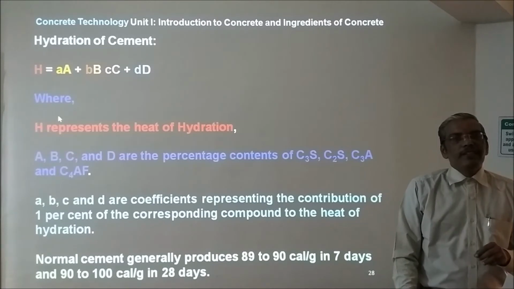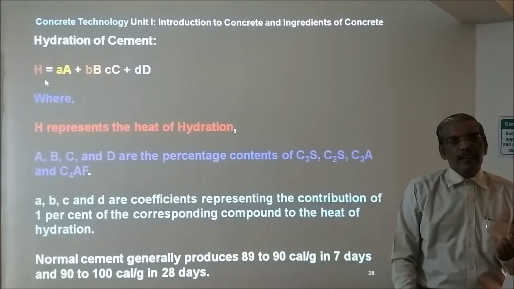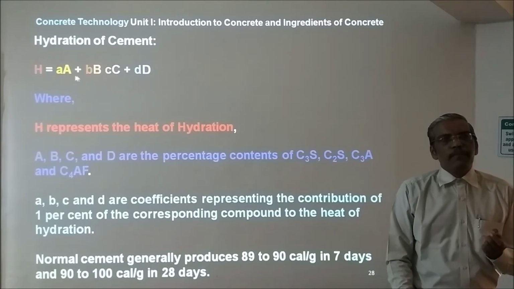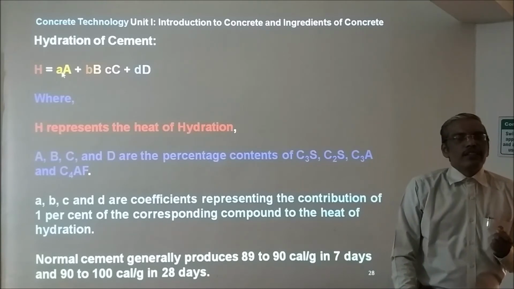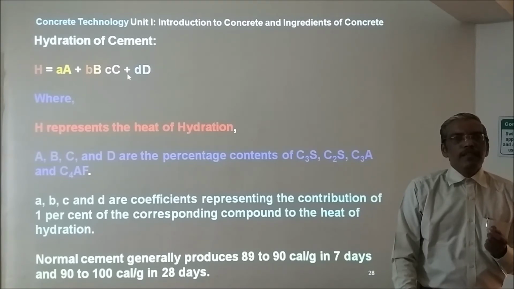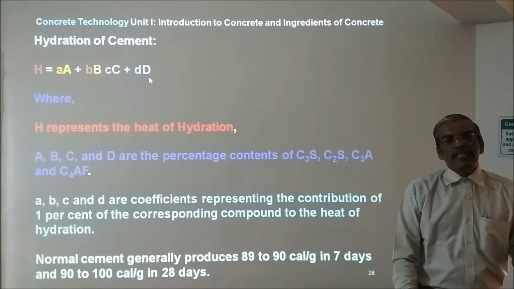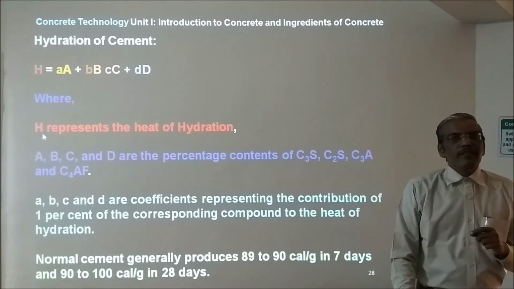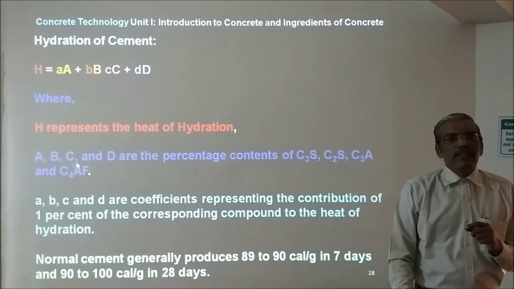So here the heat of hydration of the cement can be calculated by the formula H is equal to small a capital A plus small b capital B plus small c capital C plus small d capital D. So summation of all these is done, where capital H represents the heat of hydration.